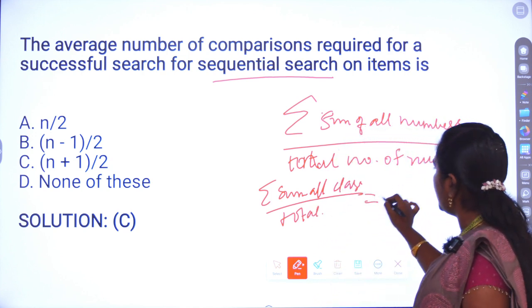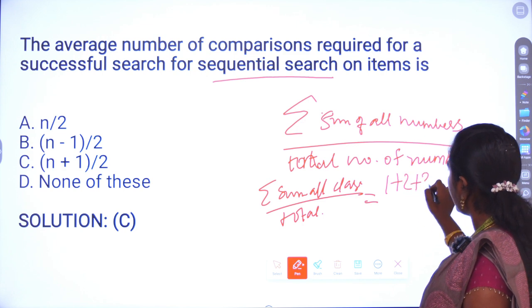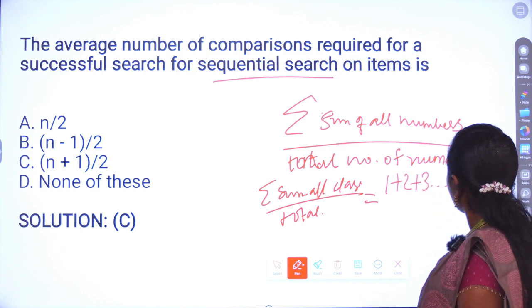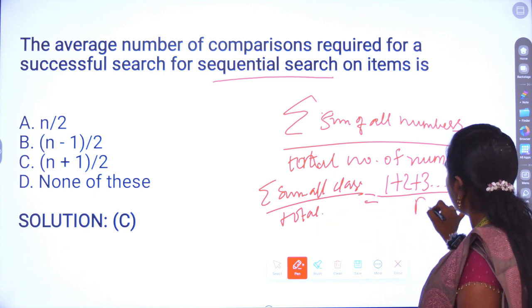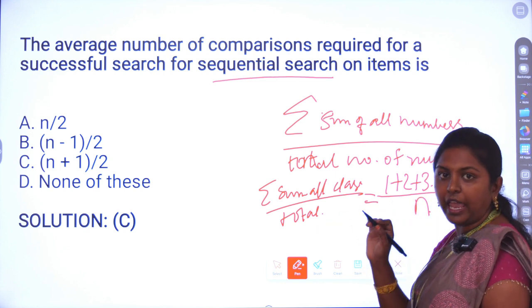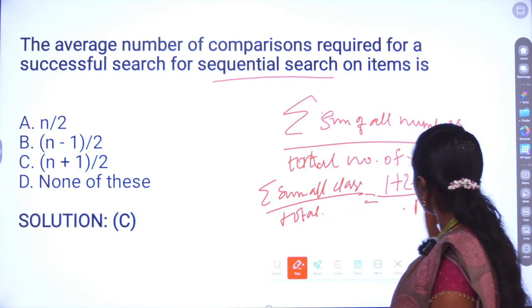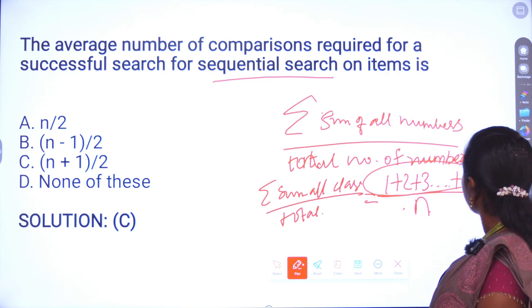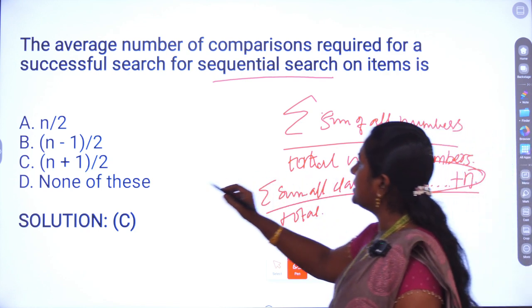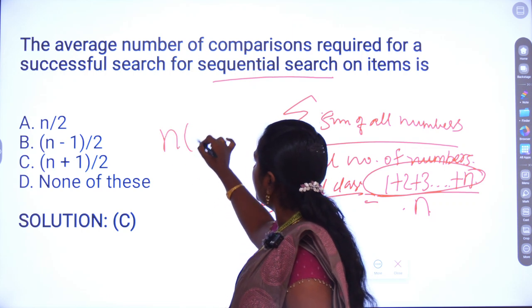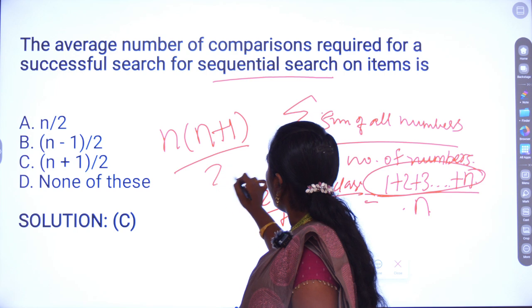So we can list the cases 1, 2, and so on, the sum divided by the total number, which we will represent as n. You would have gone through this arithmetic series, so this refers to n into n plus 1 divided by 2.